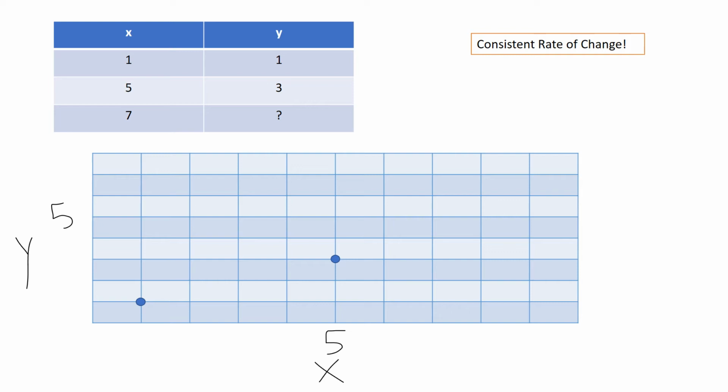And then you want to draw a line and extend that line past the dot. So you want the line to go perfectly through each of these dots. And then you also need to use a ruler so it's perfectly straight. If it's not perfectly straight, this won't work. And then you want to go over to where it says x is 7. So that's here. And go up this line.